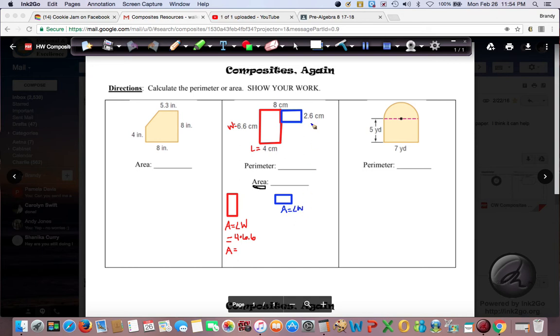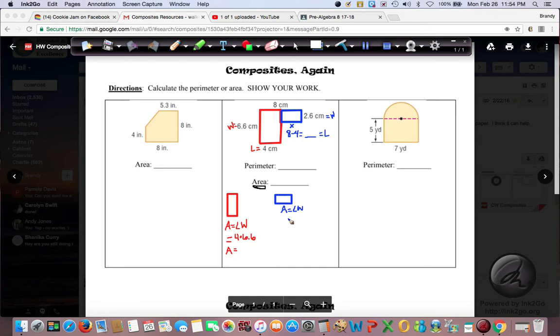We don't know our length here, but we do know our width is 2.6. To find out our length, well, if the whole thing is 8 and this part is 4, if we say 8 minus 4, we get our length. That's going to be our length. I'm going to let you do that math.